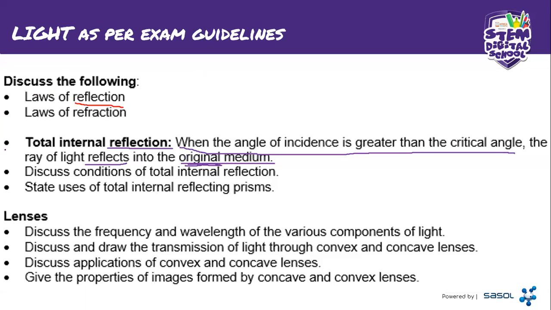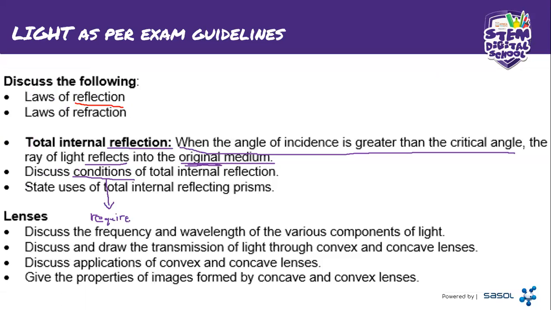Then you are required to be able to discuss the conditions of total internal reflection. Now, sometimes language becomes a problem. What are we talking about when we talk about conditions? Remember, when we talk about conditions, we are talking about the requirements.